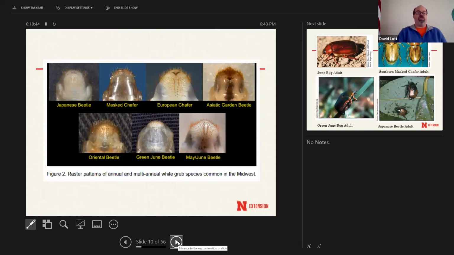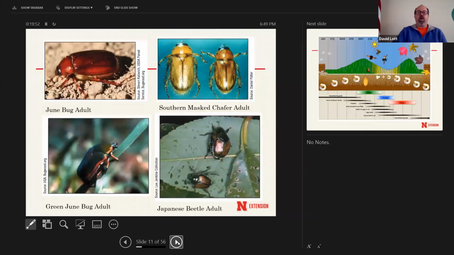If you can match up the pictures to what you're looking at, you can tell what that will turn into as an adult. So here are your adults. Here are your four big offenders. This is one we see all the time, the old June bug that goes buzzing around the lights in the summer.